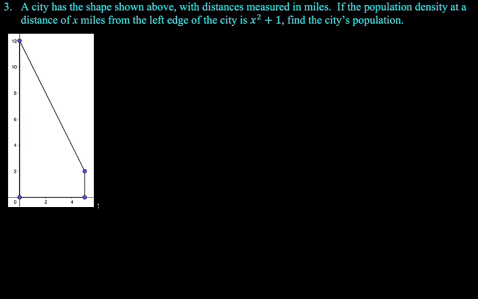All right, so to do these problems, what I like to do is draw a rectangular strip within the city so that I can work out the area of that strip and multiply it by the density within the area, which will give me the people. So for my strip here, this is going to be delta x, and x is going to go from 0 to 5. So that's our delta x.